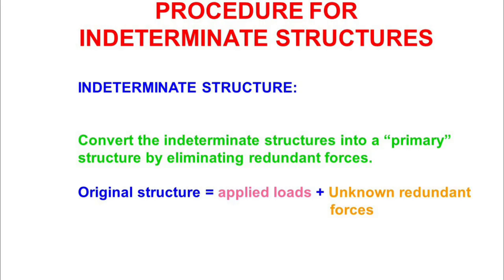The choice should be such that we obtain a stable structure. So we can view our original structure to be a superposition of the primary structure acted on by the applied forces and also by the redundants.